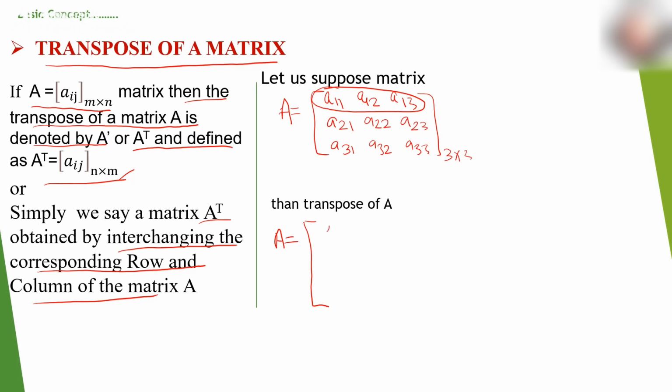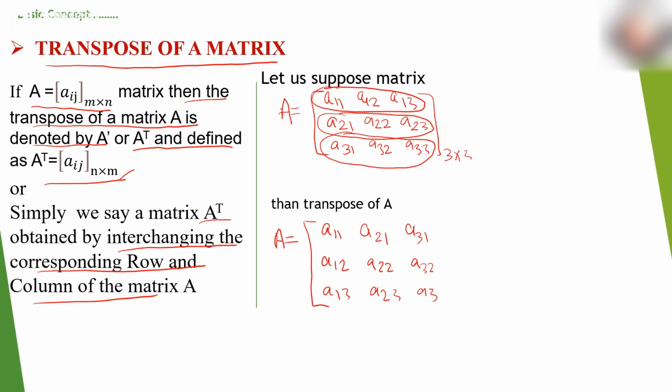Means we write A11, A12, A13. The second row becomes the second column, that is A21, A22, A23, and the third row becomes the third column, that is A31, A32, A33.